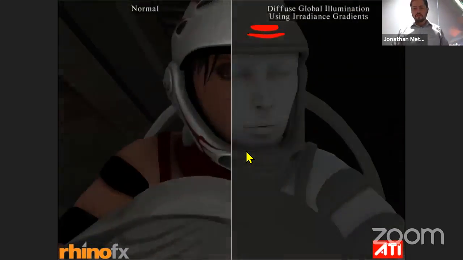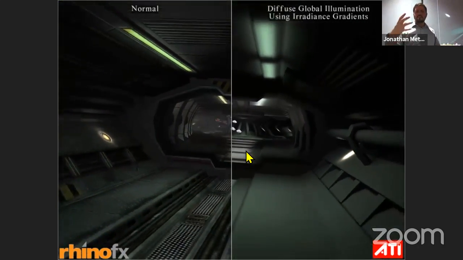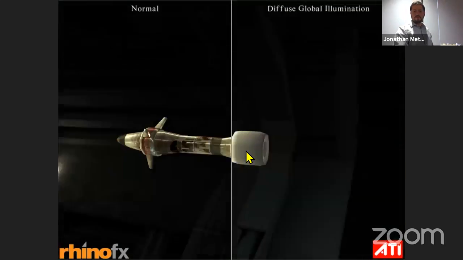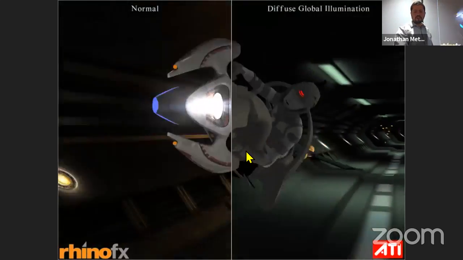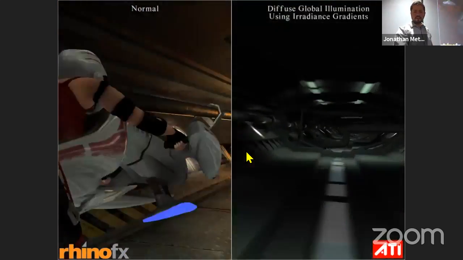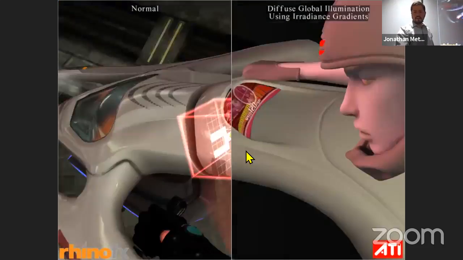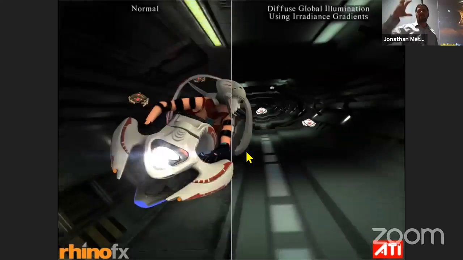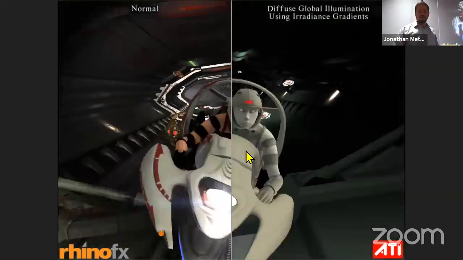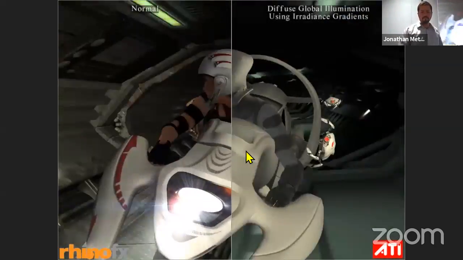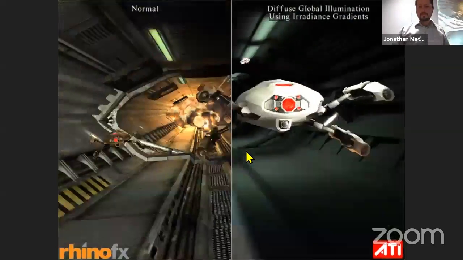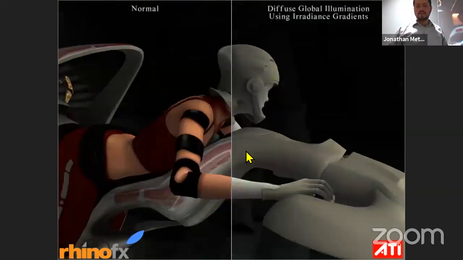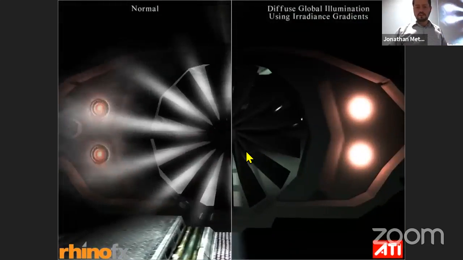You'll notice that as the environment's changing, if I switch back to just regular, there isn't a whole lot of variation in the color. If I add it on, you'll see that the surrounding environment has a chance to change the illumination on the 3D model. And you can take advantage of color bleeding.